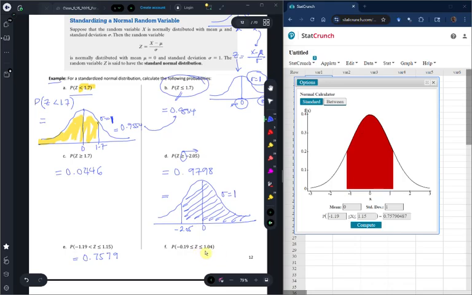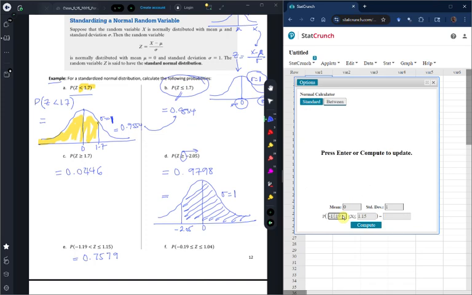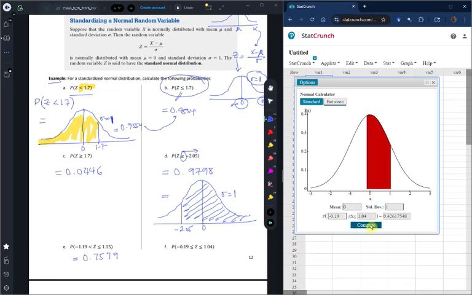Similarly, a similar argument can be made for question F, in which case I'm only changing this to negative 1.04 and positive 1.04 and compute. In this case, we have 0.4262.